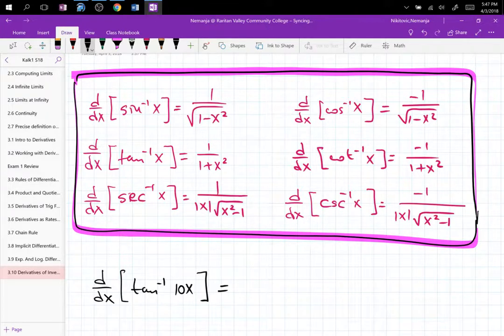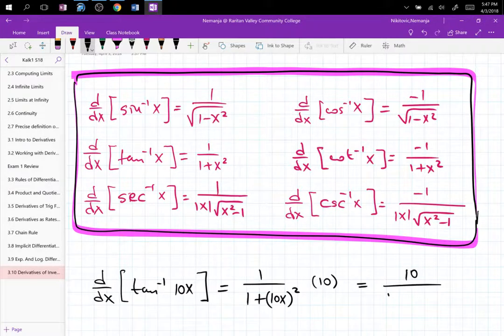Now you have to use the chain rule, right? So you still get your 1 over 1 plus, and now this is going to be (10x) squared. Then you have to follow with the chain rule, which is the derivative of the inside, and that's 10. So the total is 10 over 1 plus 100x squared. And that would be the derivative.